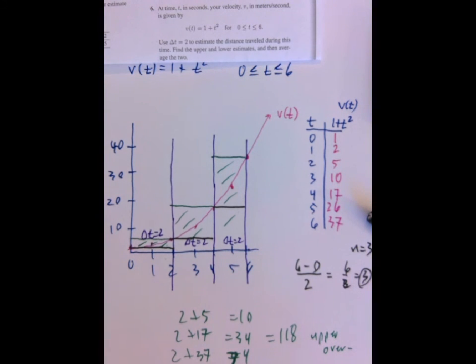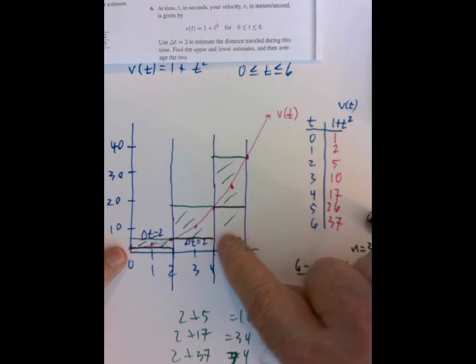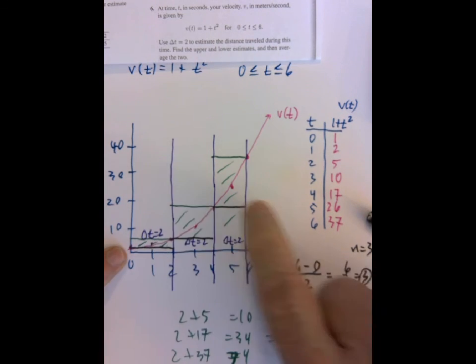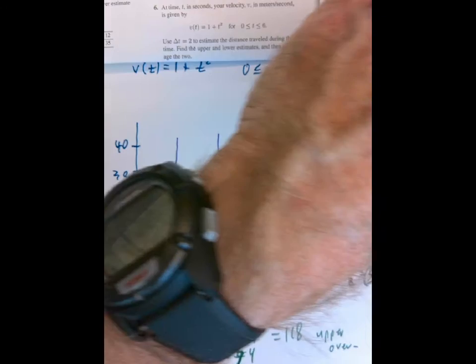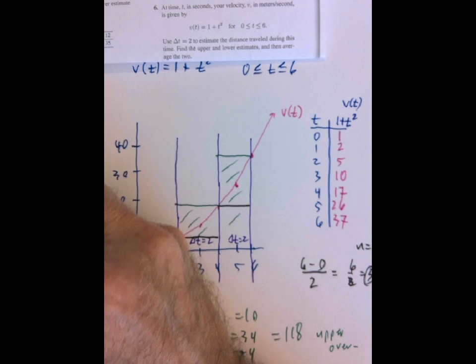And then to get the lower, the under, we would go ahead and get my purple rectangles here, which gives you the left-hand sum, which is the lower. Does that make sense? Okay, so one last word here, to make sure we understand.